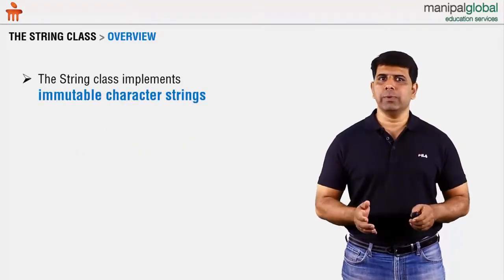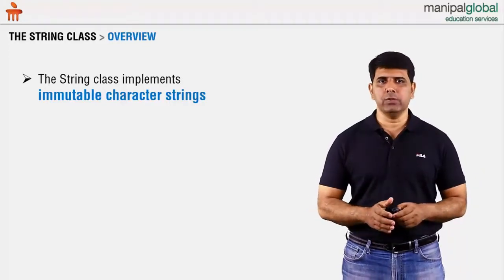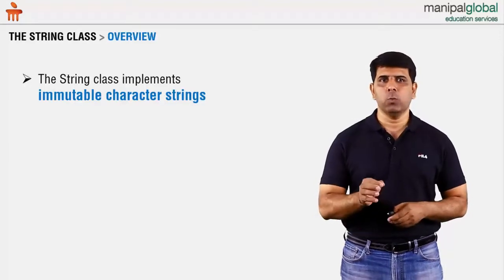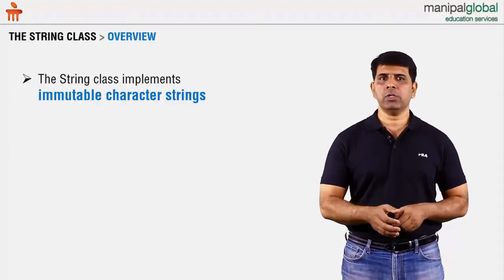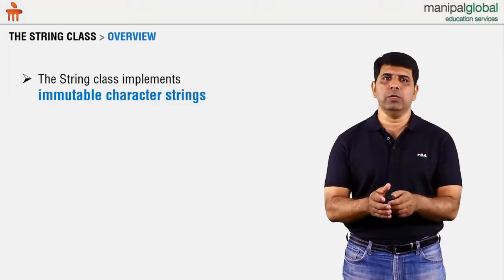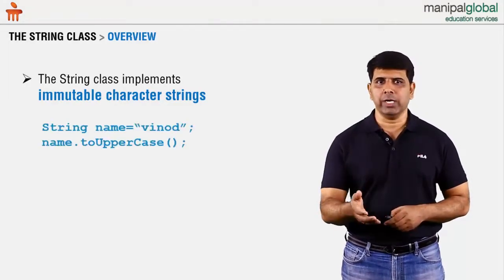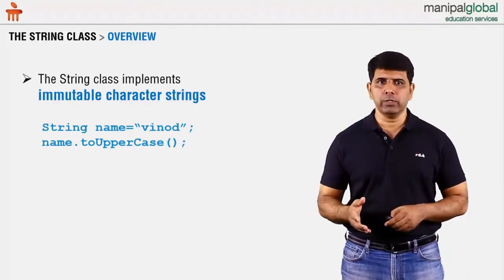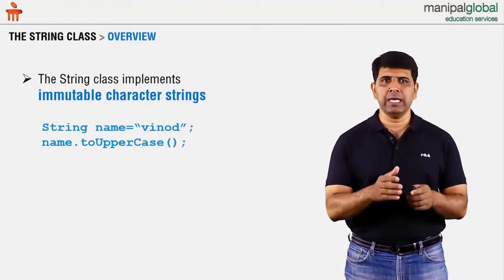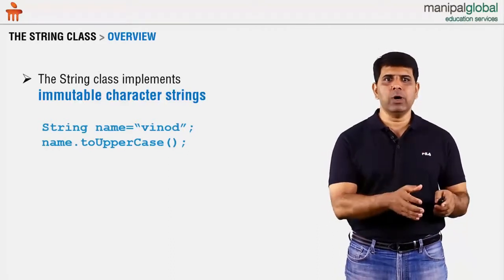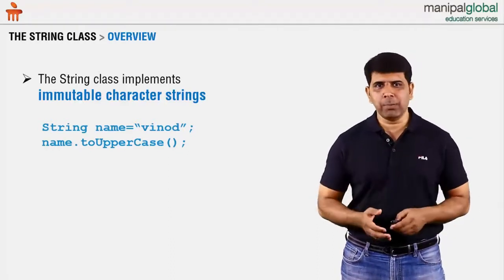The string class implements immutable character strings. You might hear this term immutable quite often when it comes to strings. What is immutable? Immutable means the object's values don't change, which means if you have a string like name equals Vinod and you call a function called name.toUpperCase, you might guess the value of name got converted into uppercase.